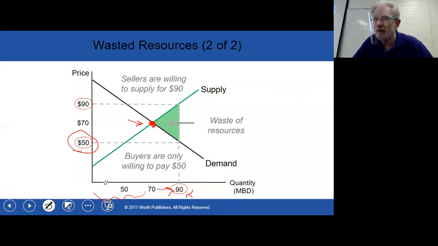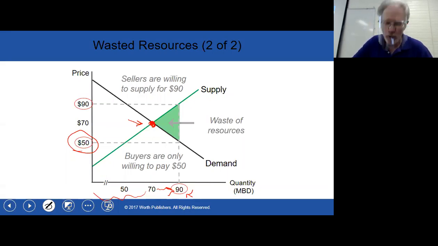So would we like to have a unit that has a value of $50 to a consumer? Well, yeah, we'd like to have that. But if we're going to use the resources efficiently, we have to compare benefits with cost. And so we ask, does it make sense to use up $90 worth of resources to produce something that's worth only $50 to a consumer?